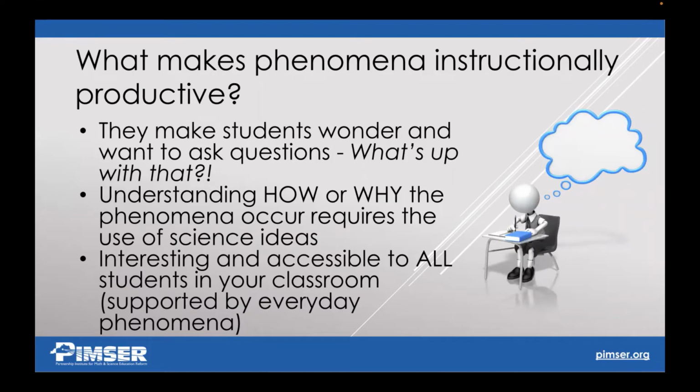One of the ways you can make it accessible is supporting it with everyday phenomena, getting students to make those kinds of suggestions as well. It's something that's going to appeal to all kids. And maybe not every phenomenon we select will appeal to all kids all the time, but over the course of learning, we're going to come up with those. We're going to intrigue them kind of in spite of themselves.